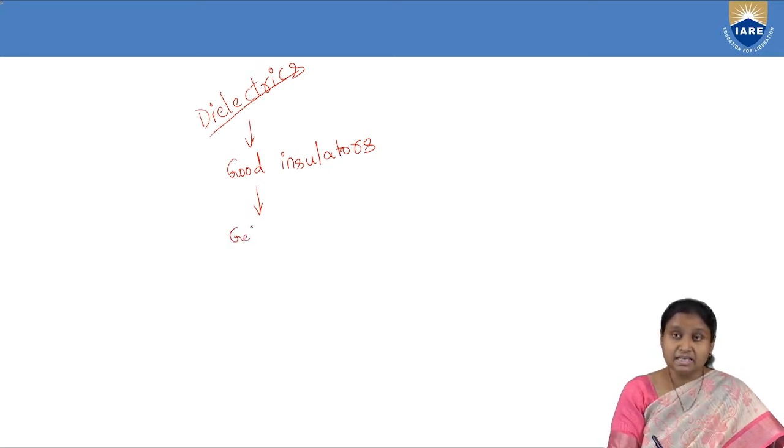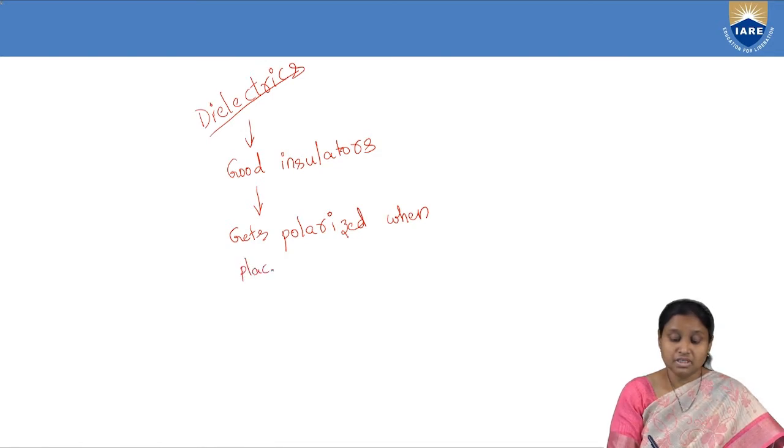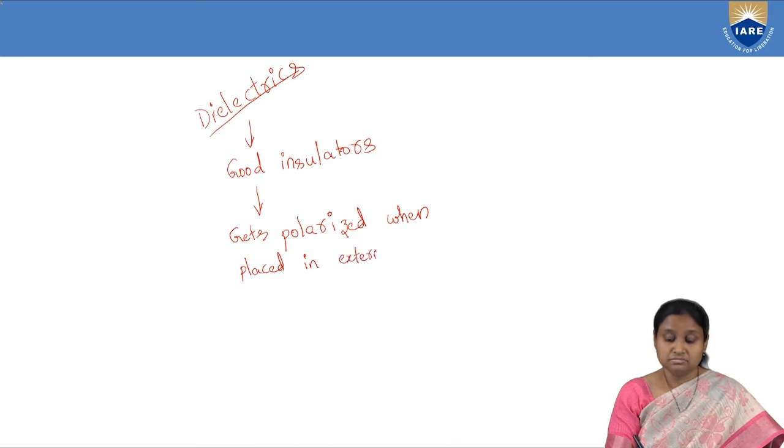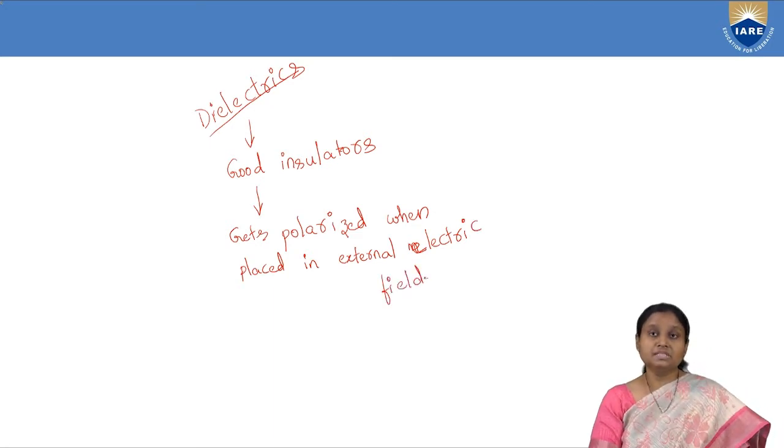So these materials get polarized when they are placed in an external electric field. So we are saying that dielectrics are good insulators and they get polarized when they are placed in an external electric field.